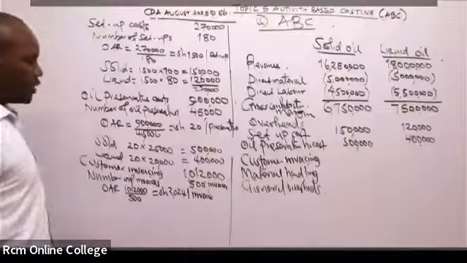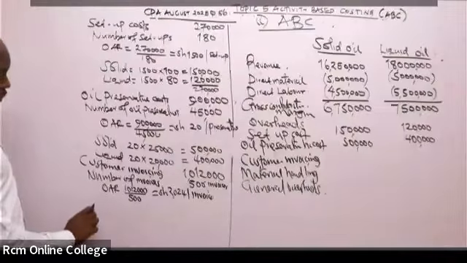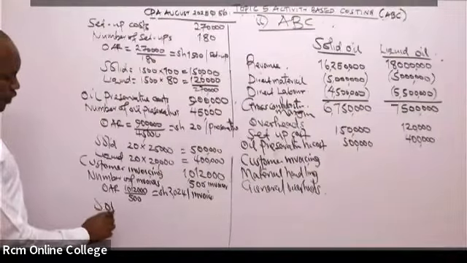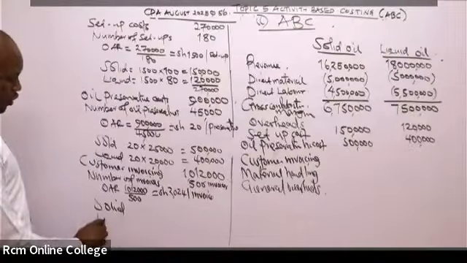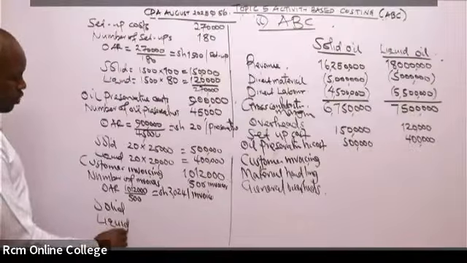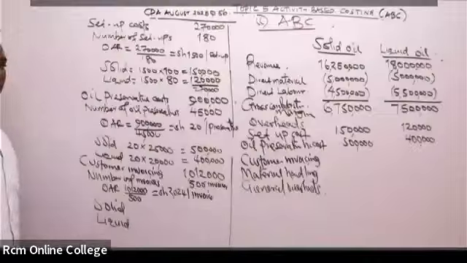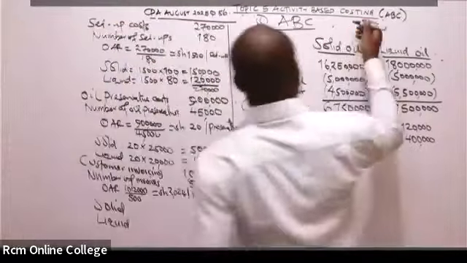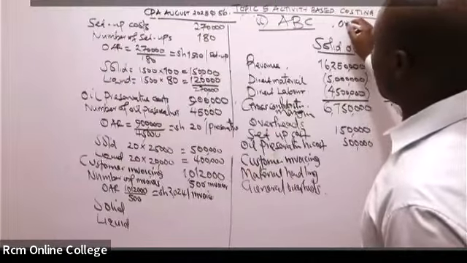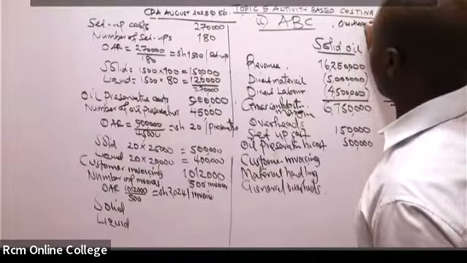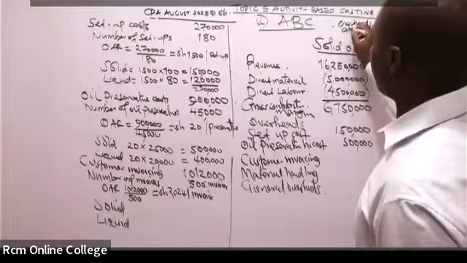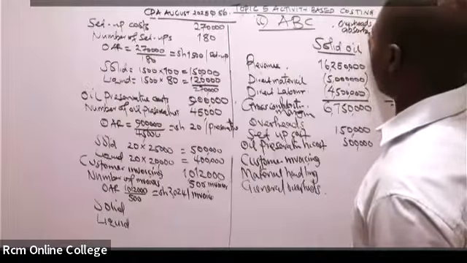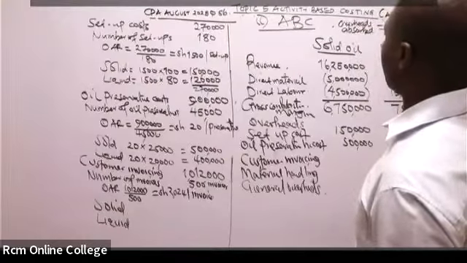Or 2024. Can we now go for the solid? What do we have for the solid? What do you have for the liquid? So overhead absorption rate, I hope someone is able to remember that for us to be able to get overheads absorbed. Overheads absorbed is equal to overhead absorption rate.